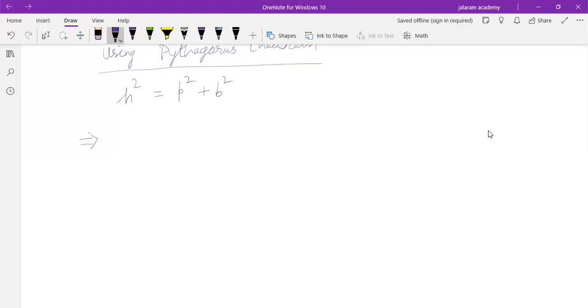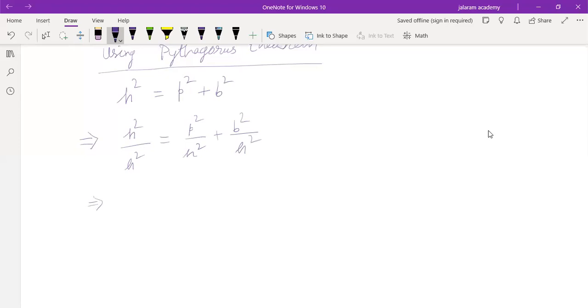Now, if we divide all the three terms, hypotenuse, perpendicular, and base, by hypotenuse square, hypotenuse square upon hypotenuse square equals perpendicular square upon hypotenuse square plus base square upon hypotenuse square.